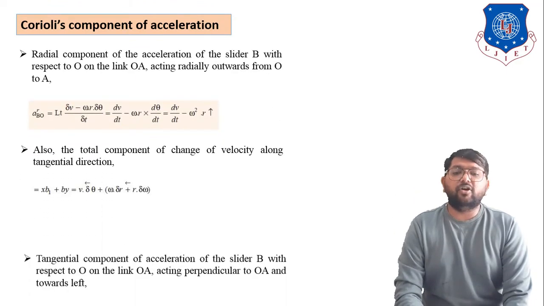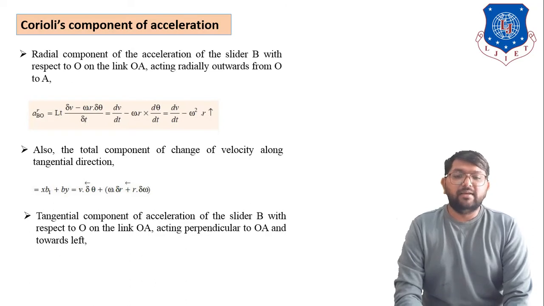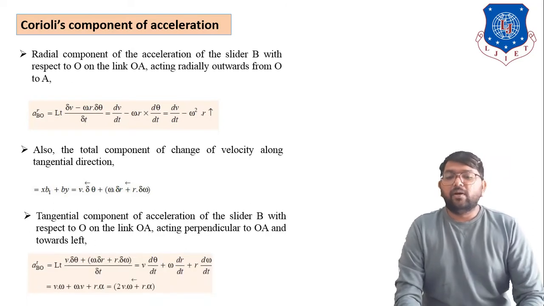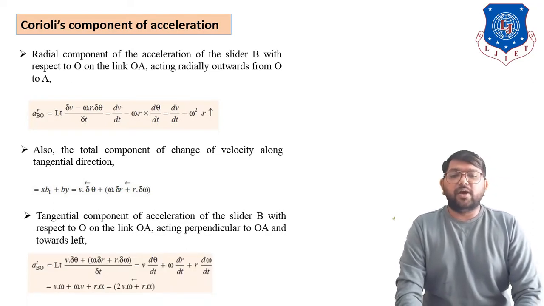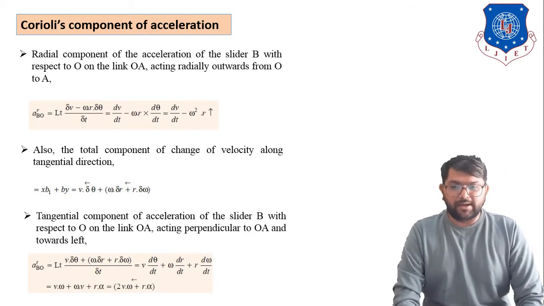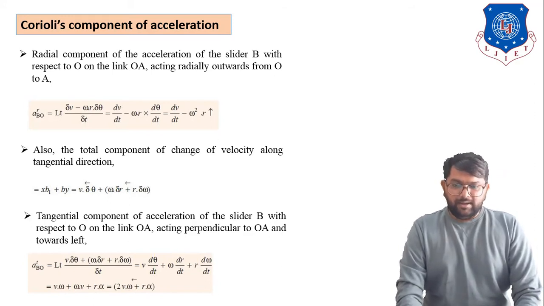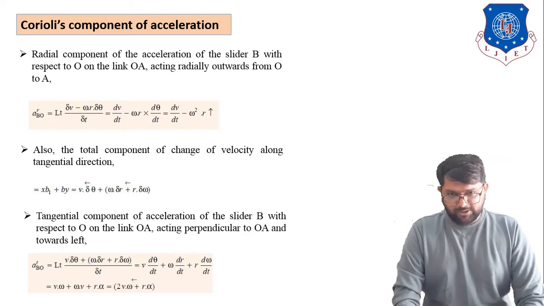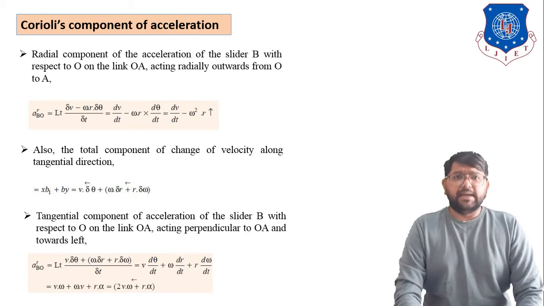Radial component of acceleration of the slider B with respect to O on the link OA, acting radially outward from O to A. Now acceleration at BO is equal to limit delta v minus omega r delta theta upon delta theta. Clear? Minus omega r into d theta by dt is equal to dv by dt minus omega square into r in upward direction.